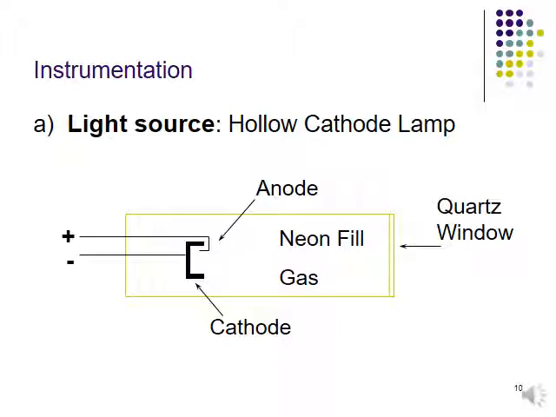Quartz window is a very strong material that can be used as the cover, and the penetration of the energy from the light source will not affect the analysis. So that's why we choose quartz as the window.